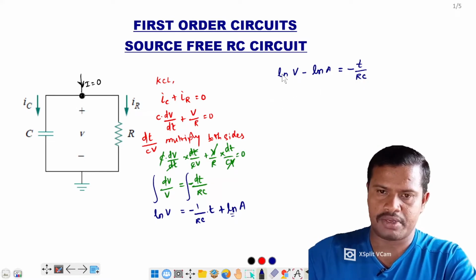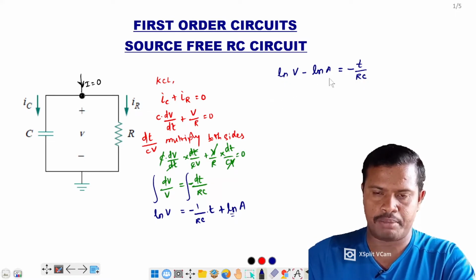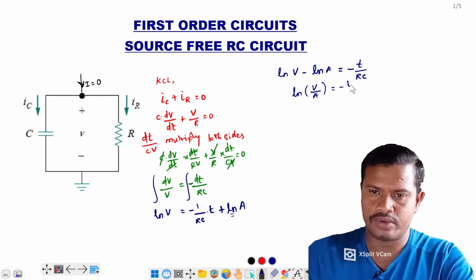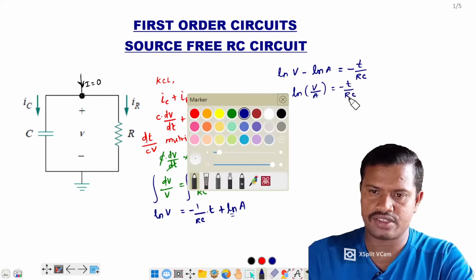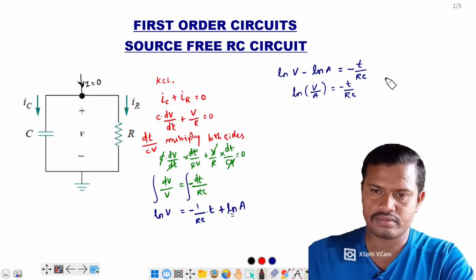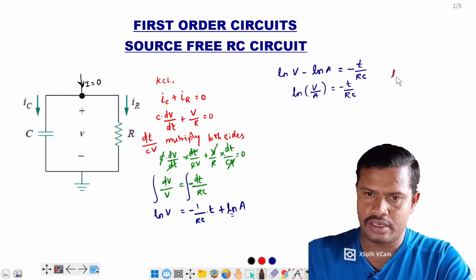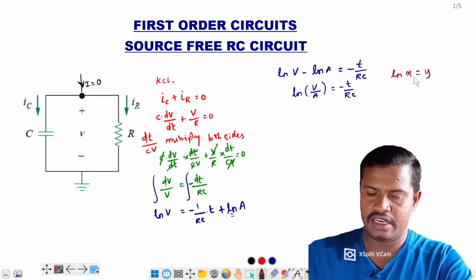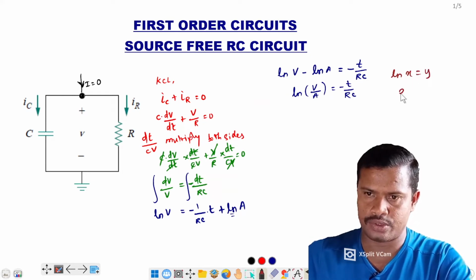On further simplification, we know that log of m minus log of n can be written as log of m by n, so we get the natural logarithm of V by A is equal to negative t by RC. We know that if natural logarithm of x is equal to y, we can rewrite it as e to the power of y is equal to x.